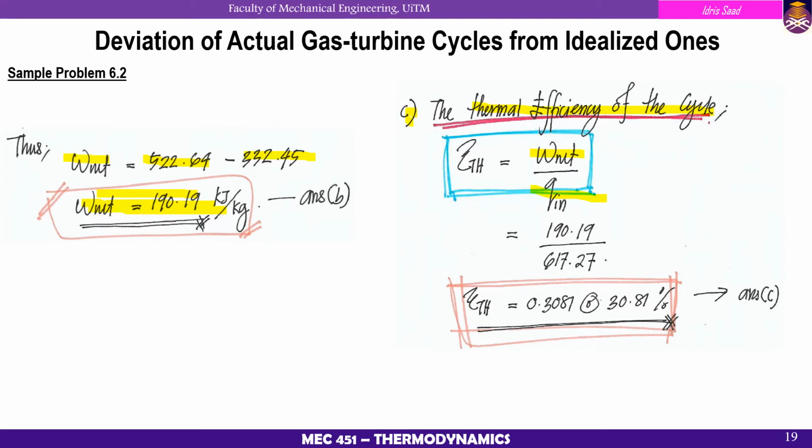We already calculated work net as 190.19, and Q in at the process 2A to 3 as 617.27. So we get the efficiency of the cycle is equal to 0.3081, or in percentage 30.81%. So this is how we solve the problem of the deviation of actual gas turbine cycle from the idealized one.